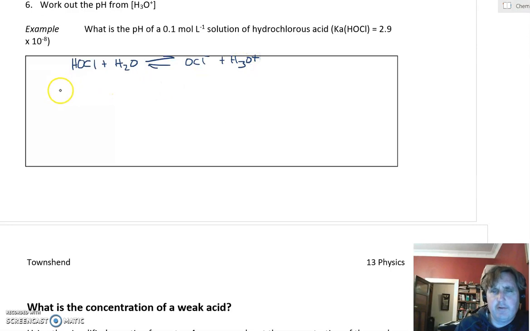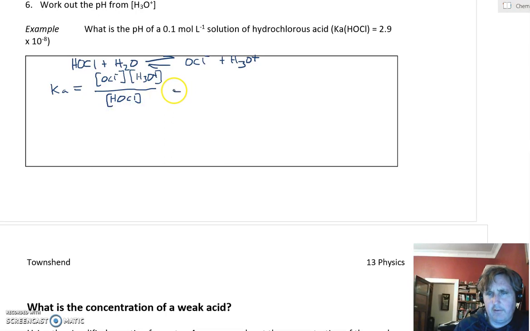Then I'm going to put this into my Ka expression. Ka equals our products, which is our conjugate base, times our hydronium ion concentration over our weak acid concentration. We simplify this.